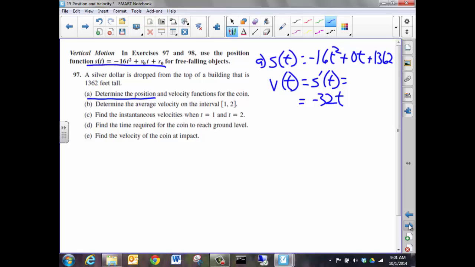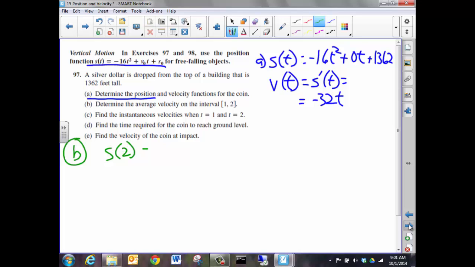B part. Who wants to explain what to do there? We have to find the difference in positions. So we'll plug in 2 for the equation up there, so it'd be negative 16 times 2 squared plus 0 times 2 plus 1362. Okay, so find the position at 2, and then we'll find the position at 1.